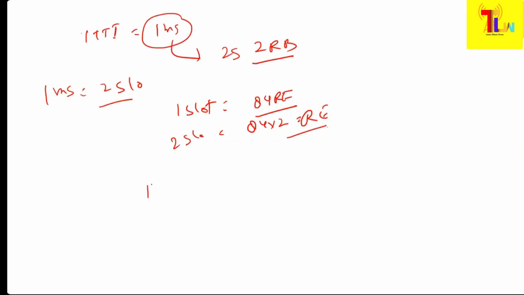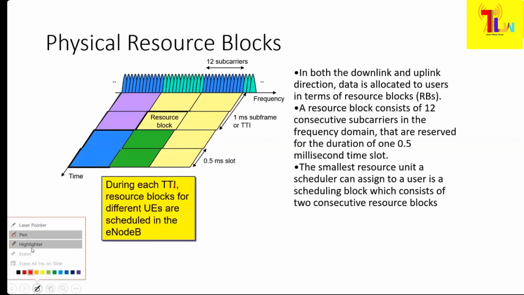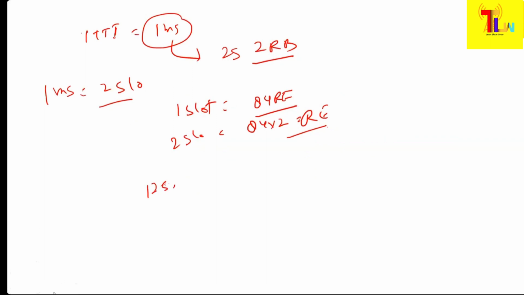It's 12 subcarriers multiplied by 2 slots multiplied by 7 OFDM symbols.